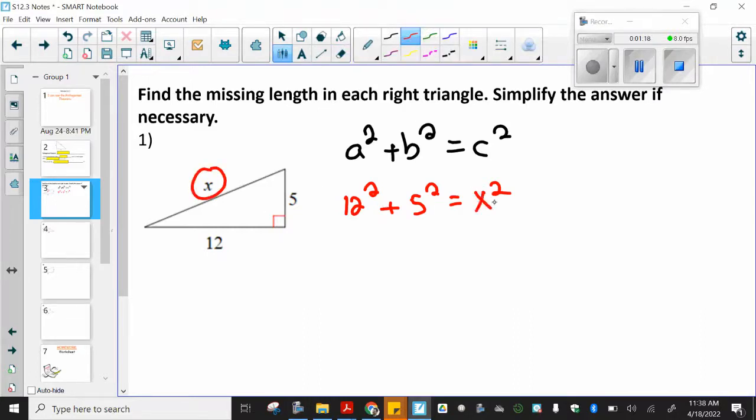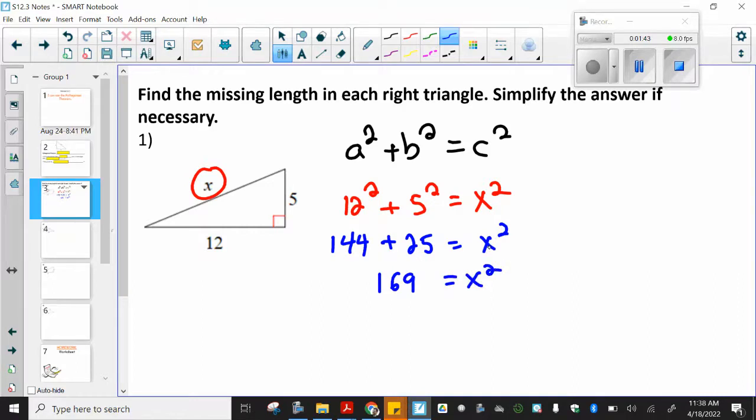So x squared, that takes care of that. Now let's expand those. 12 squared, we talked about this a couple days ago, is 144. You could do 12 times 12 in your calculator. 5 squared, or 5 times 5, is 25. We're going to leave that as x squared. We add these together: 144 plus 25 gets 169 equals x squared.